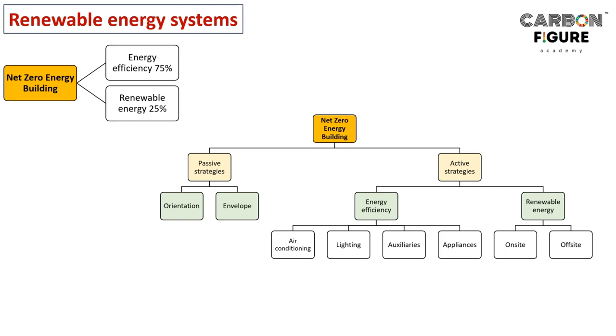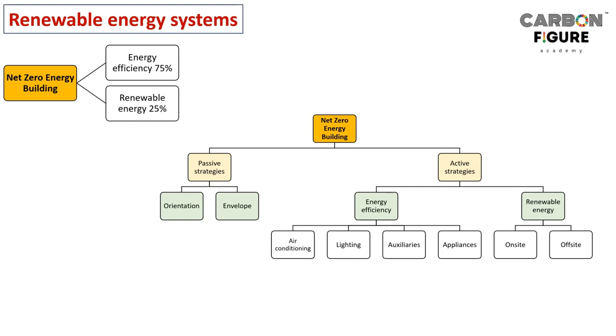The remaining you can go for renewable energy production. So passive strategies and active strategies are there. Under passive strategies you can think about orientation, daylight analysis, and accordingly designing the envelope and fenestrations. All those things can be helpful. In active strategies, we have energy efficiency and renewable energy. That's what is mentioned as 75-25, right?